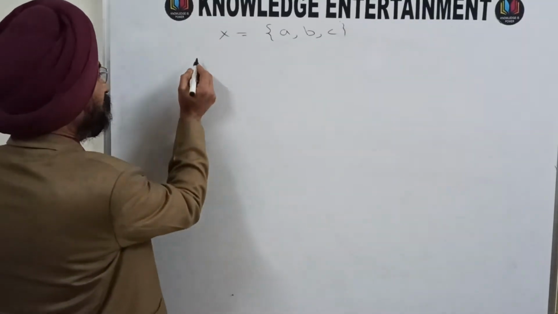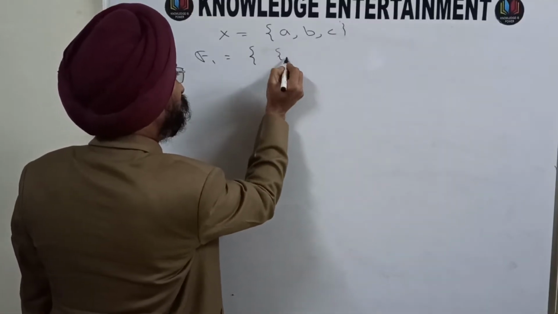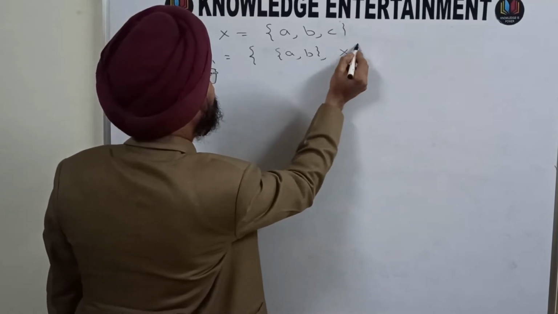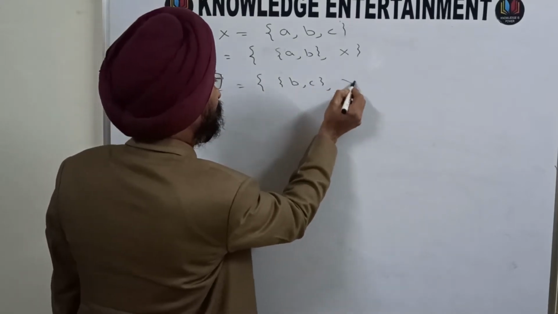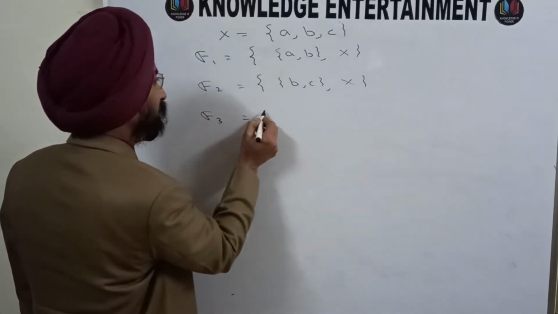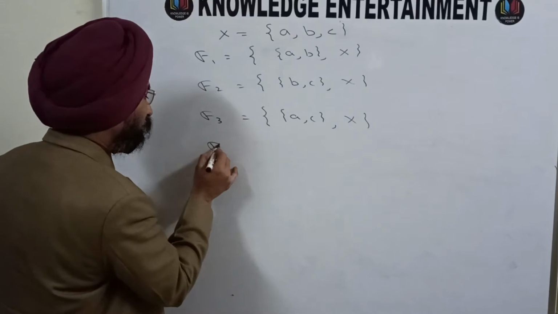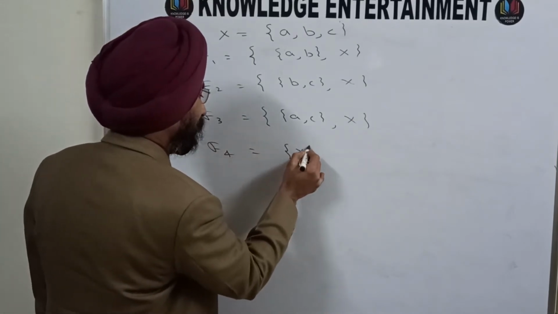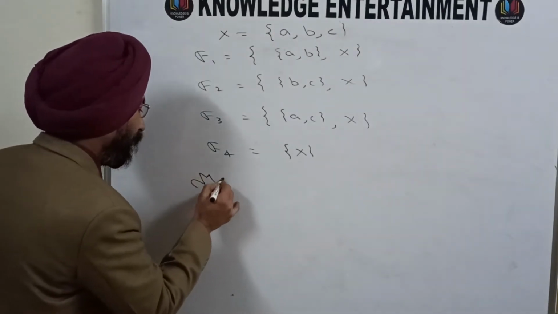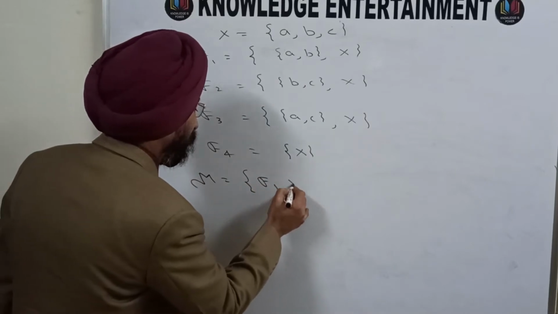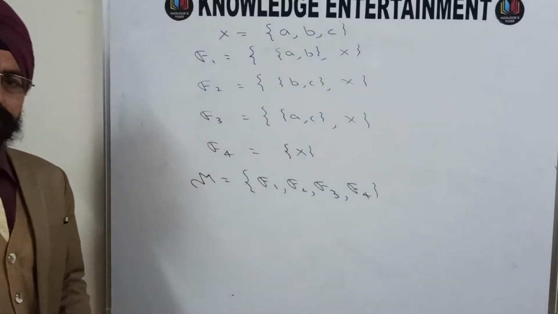Let us have filter F1 consisting of {A, B} and X, filter F2 as {B, C} and X, filter F3 as {A, C} and X, and let F4 be a filter containing only X. That means the indiscrete filter. Now consider this family M containing all these filters F1, F2, F3 and F4.